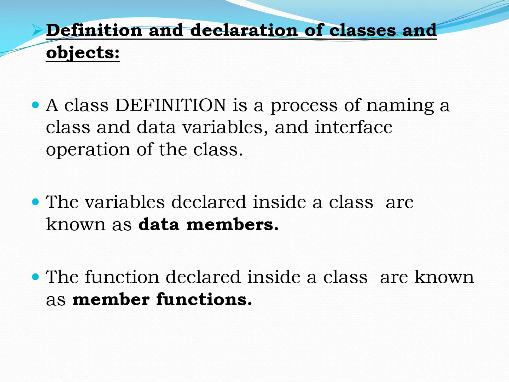The functions declared inside the class are known as member functions. I repeat: variables declared inside the class are known as data members, and functions declared inside the class are known as member functions.